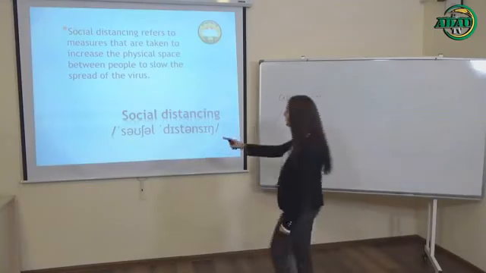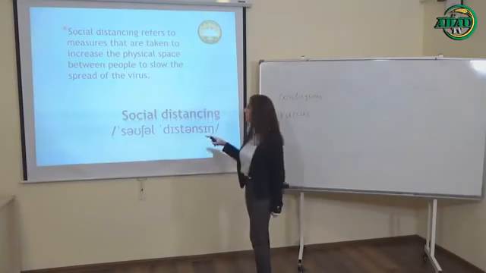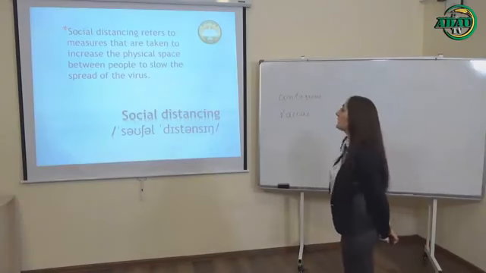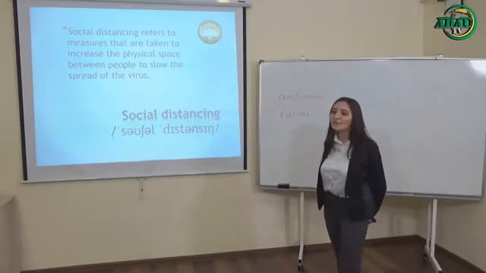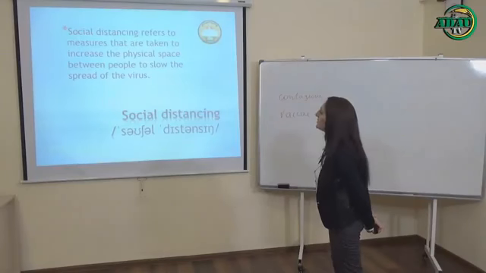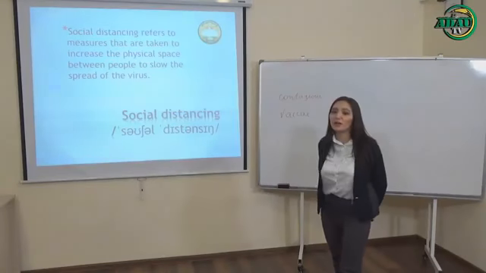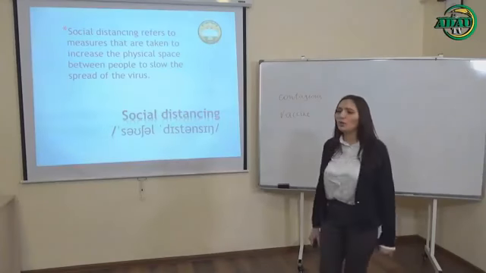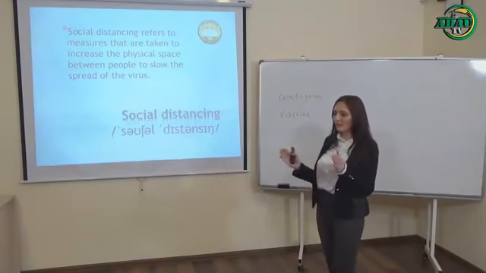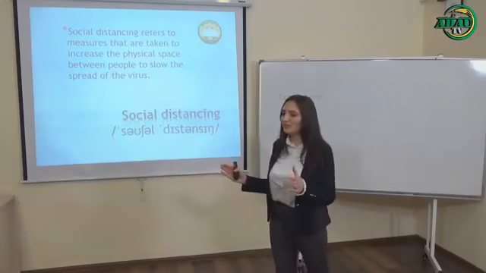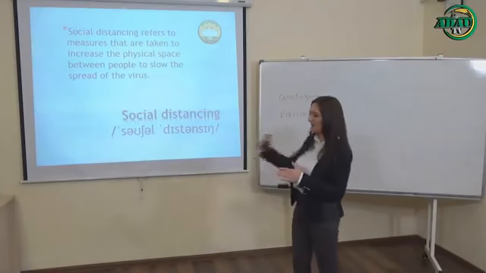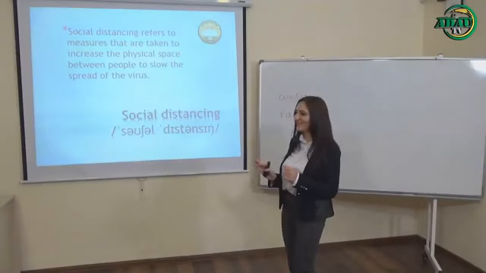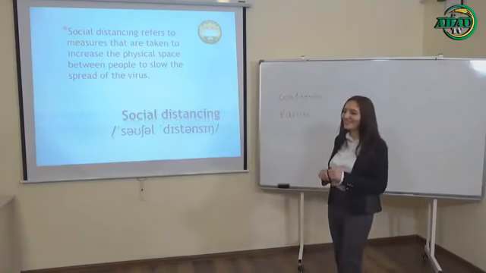Social distancing refers to measures that are taken to increase the physical space between people to slow the spread of the virus. Do you know how many meters we should keep between each other? Does anyone know? Yeah, I know, you know, but you don't want to say.